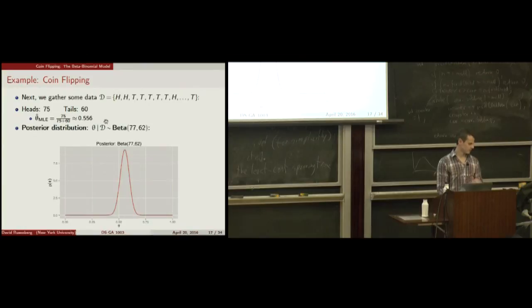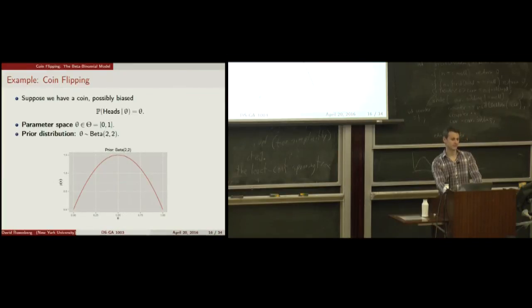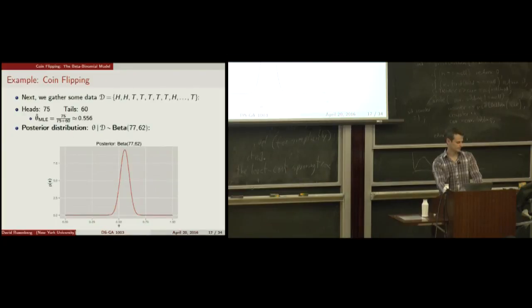The posterior distribution is beta(77, 62), where we've added the actual observations to the 2, 2 of the prior. So added 2 to the heads and 2 to the tails. And you can plot that density, and you can see it's much more concentrated now than initially. So there's the variance decreasing as we get data.